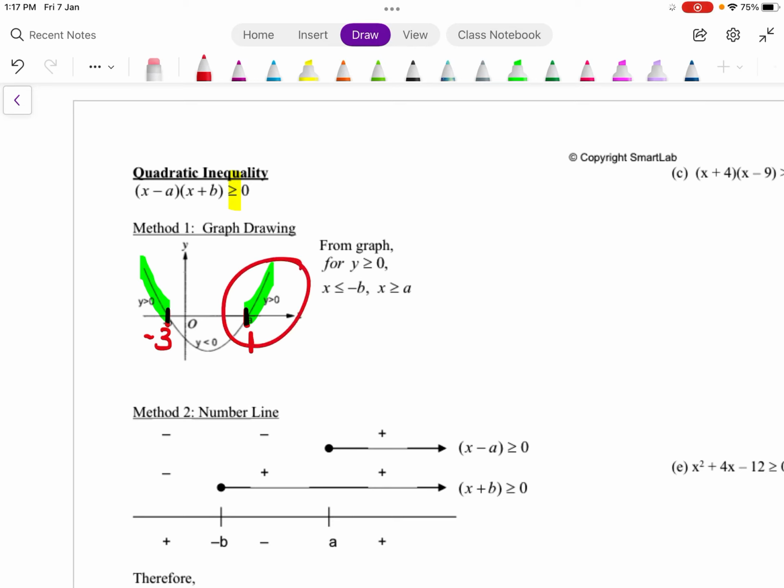To satisfy this green portion, you must ensure that your x is more than 1. Next, maybe I use a black color. Same thing, I want to satisfy this black portion, right? So x is less than negative 3, because if you look at this portion, you are getting lesser than negative 3. So you must put less than negative 3.